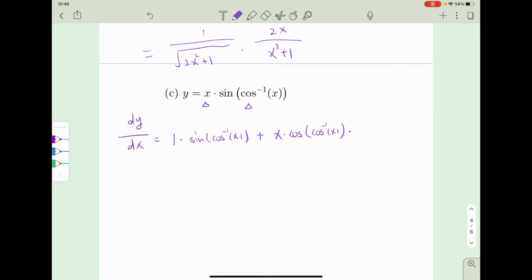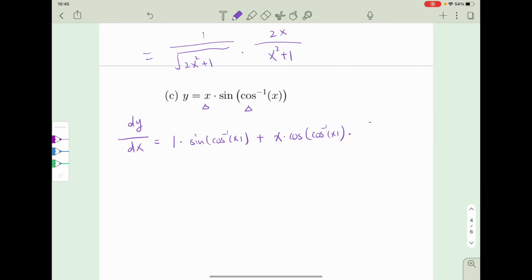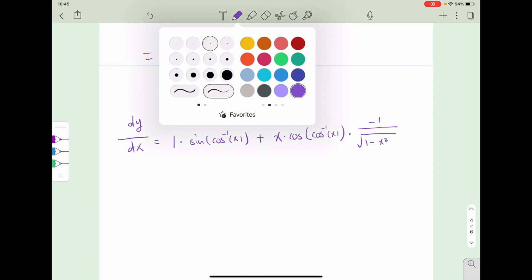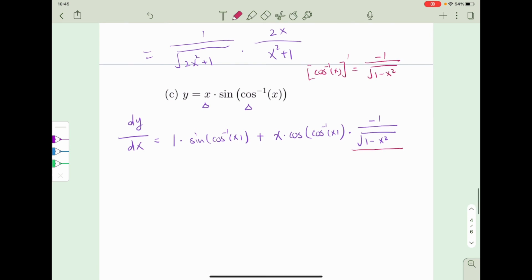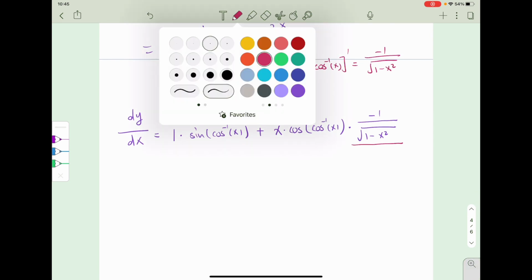If you look up the formula, that is -1 over square root of 1 minus x squared. I'm writing this out just to remind you the derivative of this is -1 over this one here. Okay, so that is the derivative.